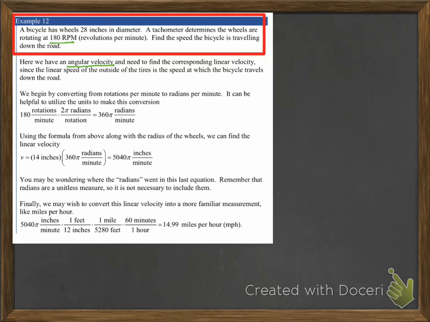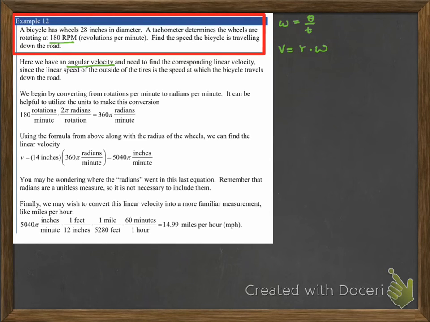A couple of the equations that we need to remember is that our angular velocity is equal to our radians over our unit of measurement. We also have that the linear velocity is equal to our radius times our angular velocity.